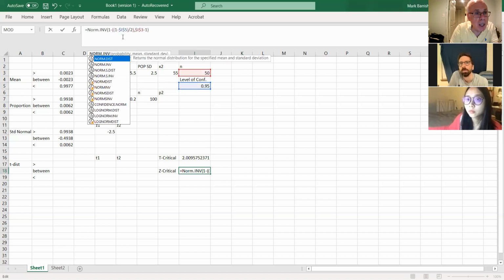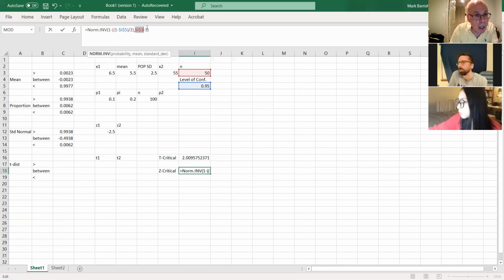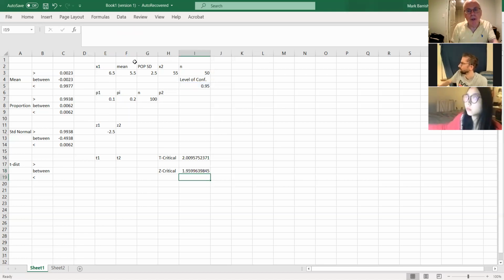Norm inverse, and then instead of degrees of freedom, I'm going to put 0, 1. There we go. That's the 1.96 right there, right? I didn't want to recreate that formula again with the complicated looking formula.